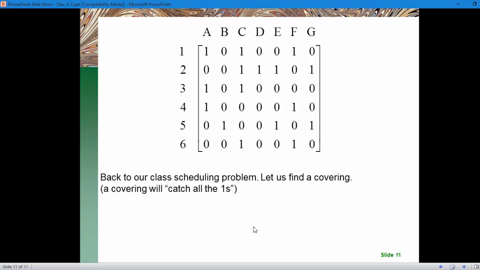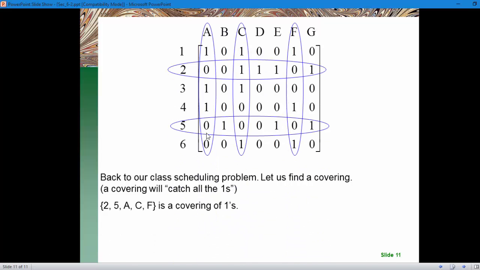Now let's go back to the class scheduling problem. Let's find a covering for that matrix representation. So this is the matrix representation of that original graph of courses and professors. So here is a covering: 2, 5, A, C, and F. Notice that all the ones in the matrix are covered. So that is a covering.